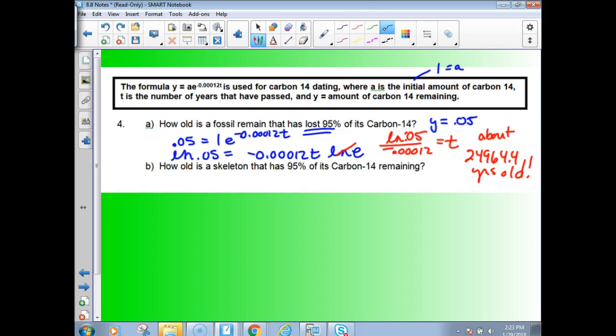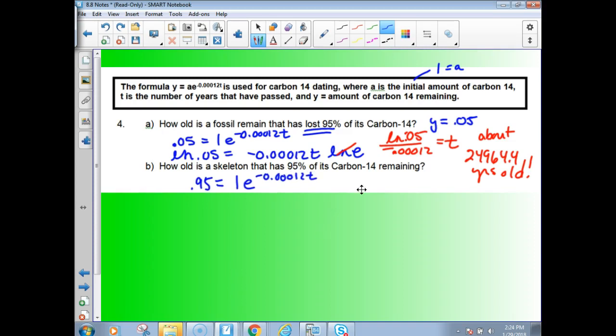Now let's say you found a skeleton in your backyard and it had 95% of its carbon-14 remaining, because you took a bone down to the lab. That's kind of the flip of what we just did, isn't it? So we're going to put in 0.95 and replace a number or two.